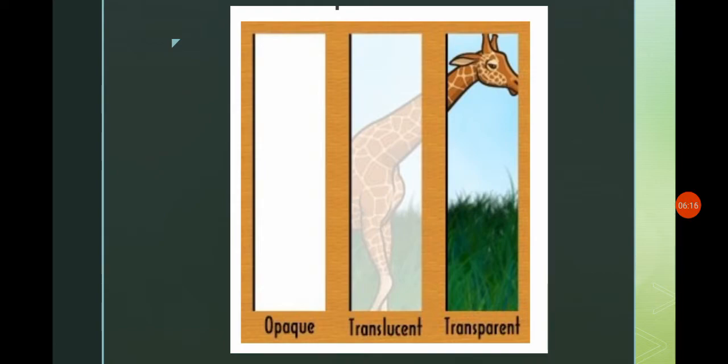But in obscure and translucent objects, the light which hits them does not get transmitted, or only partially gets transmitted, so we cannot see, or can only partially see, the object.